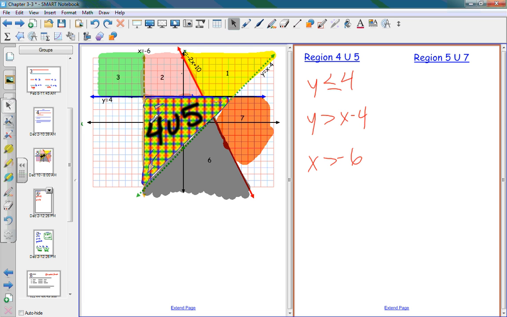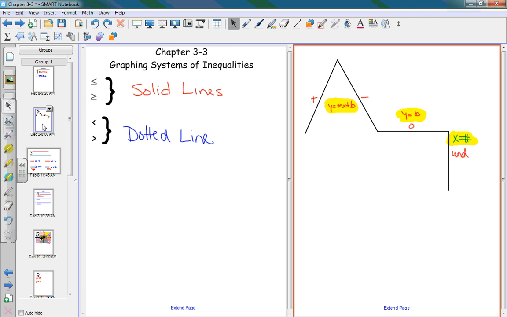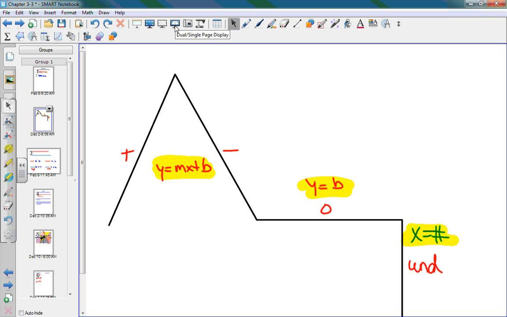What's up, Michelle? 2 and 3. Look at that, 2 and 3. What's the equation 2 going to look like? It's going to be a horizontal line. Solid or dotted? Which one? But you're guessing.